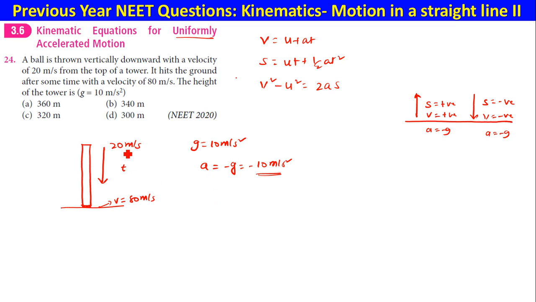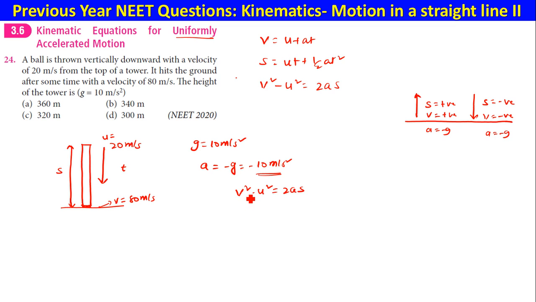Now you have got u, initial velocity, final velocity, and acceleration you know. So which equation can you take so that you can find out the height of this tower? The height of the tower is nothing but the distance traveled by this ball. So let us take the third equation of motion: v square minus u square is equal to 2as.